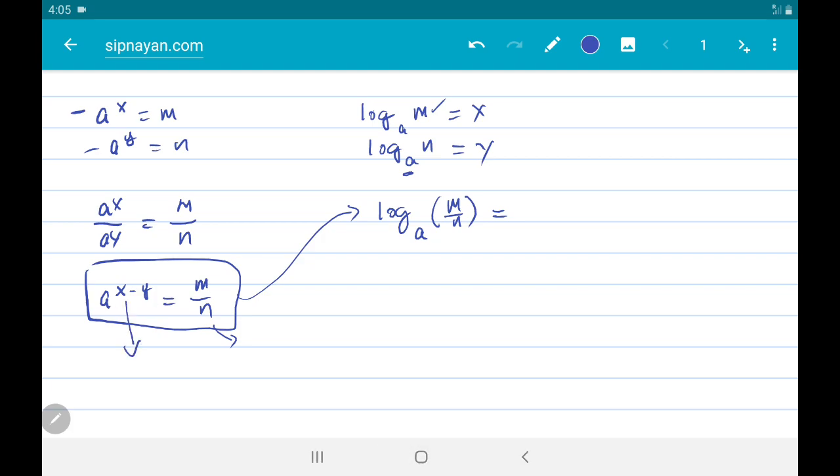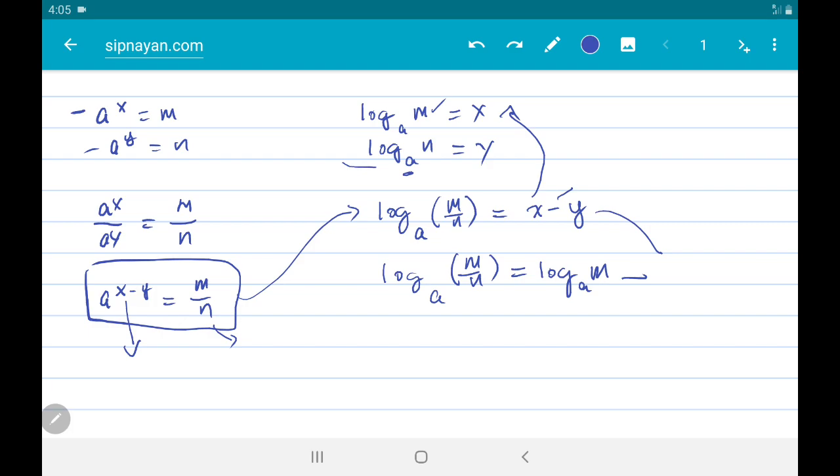Exponent natin ay yung x minus y. Which means that logarithm of m over n to the base a is equal to logarithm of m to the base a, tapos meron tayong minus dito, tapos yung y natin ay logarithm of n to the base a.